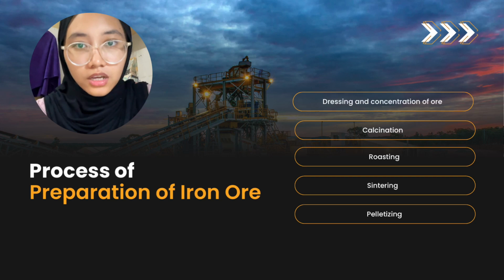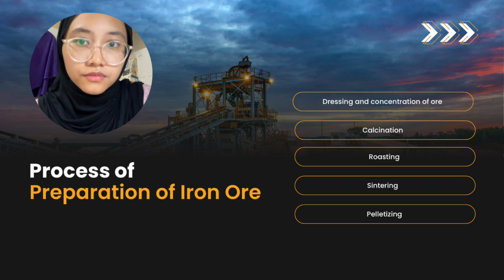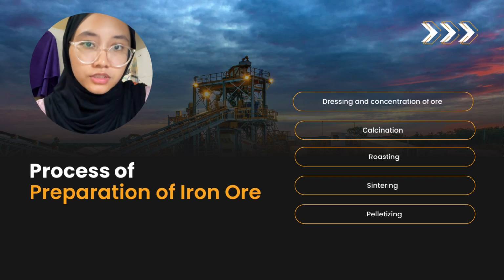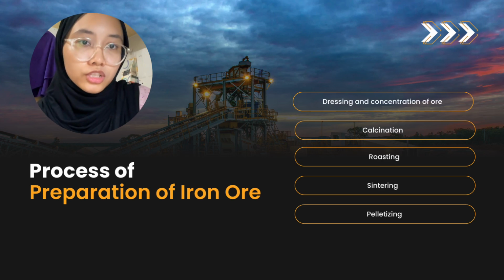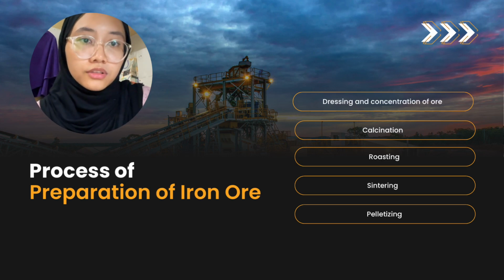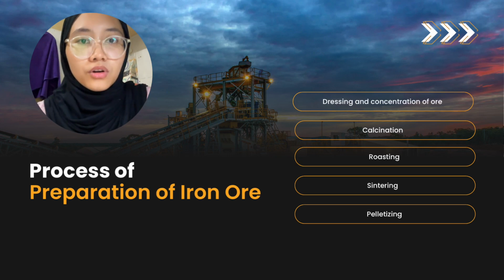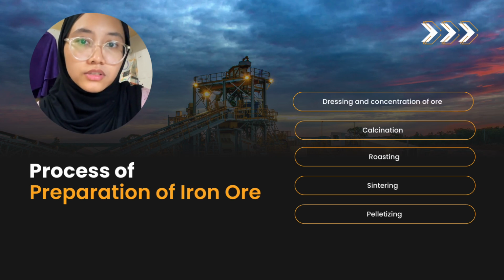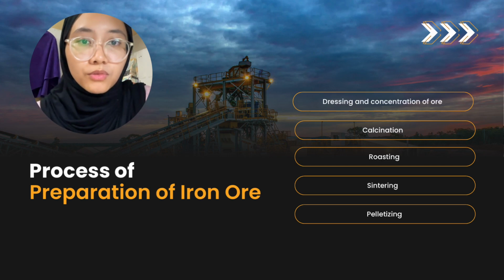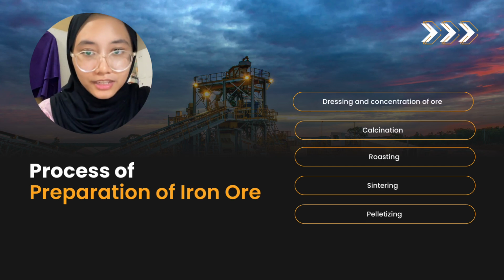Before extraction, iron ore must be prepared. First, dressing and concentration to remove unwanted impurities to increase the iron content. Next, calcination heats the ore without air to remove moisture and carbon dioxide. Then roasting heats the ore in air to remove volatile impurities and convert sulfates into oxides.